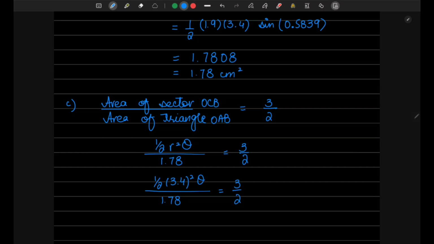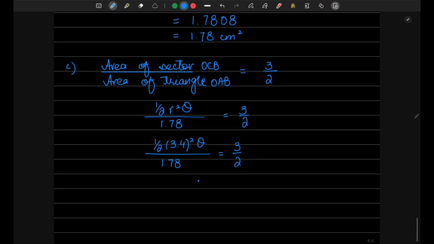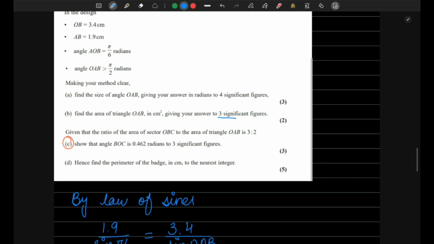So solving this for theta, after cross multiplication and solving, we will get theta equal to 0.462. Okay, now let's go further to part D. Part D says 0.462. Yeah, we got the same.